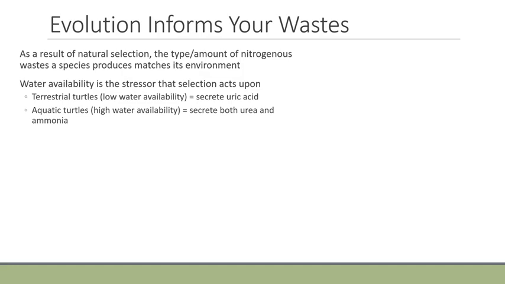But they can also secrete it as urea, because sometimes they don't have as much access, especially the ones that are going in and out of aquatic environments. But obviously, the types of wastes they produce are matching that environmental background.